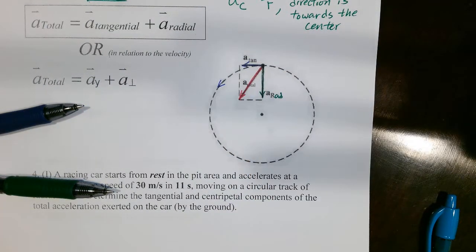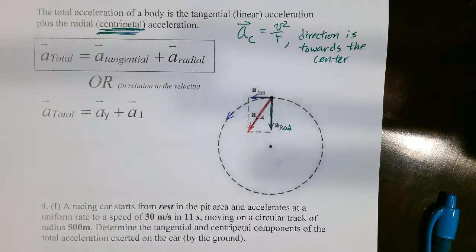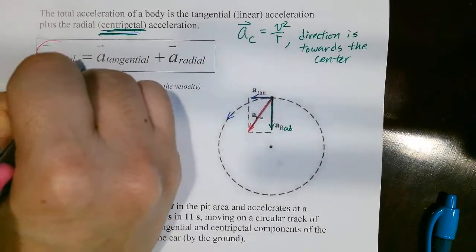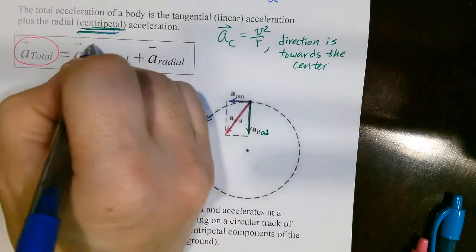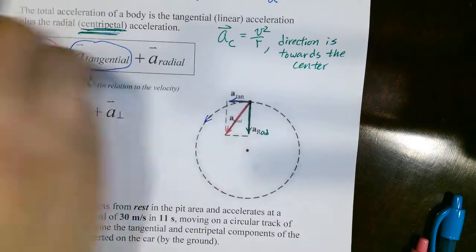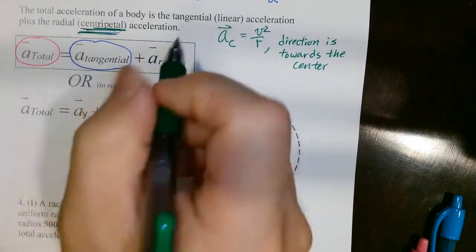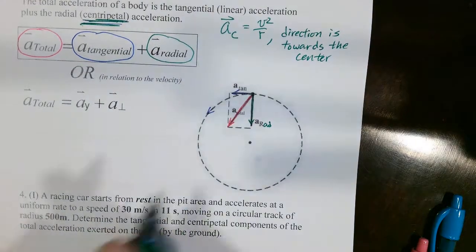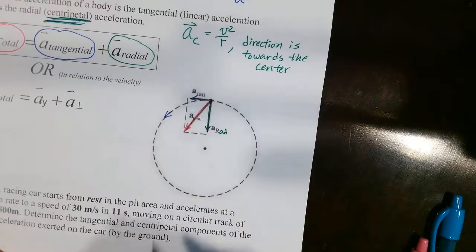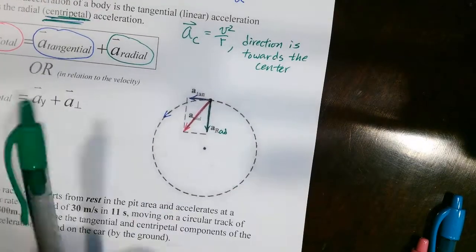So my A total is the vector addition of A tangential and A radial.